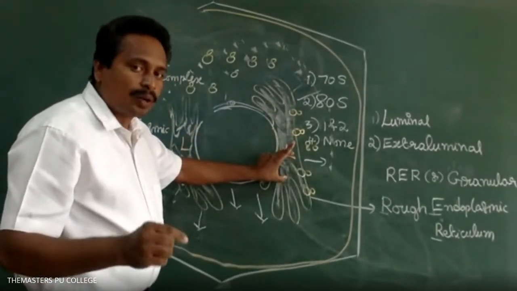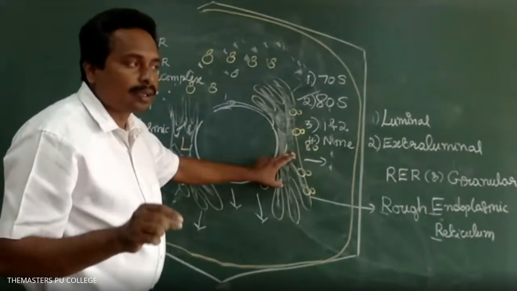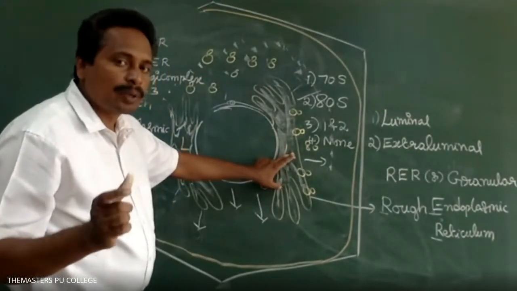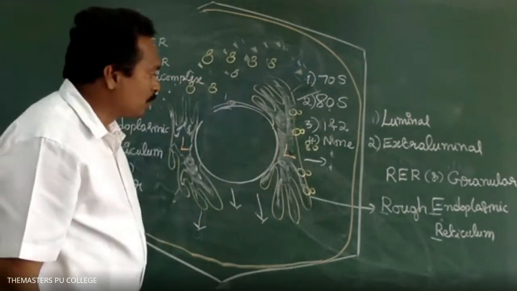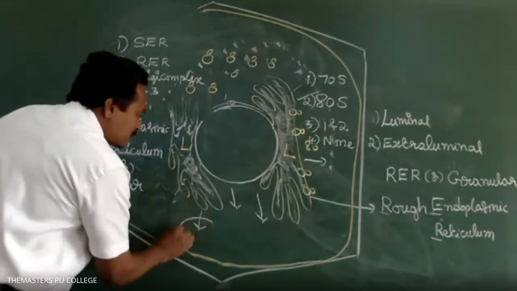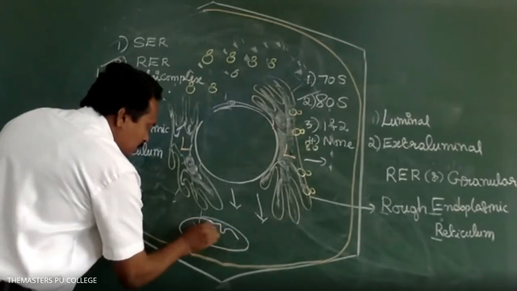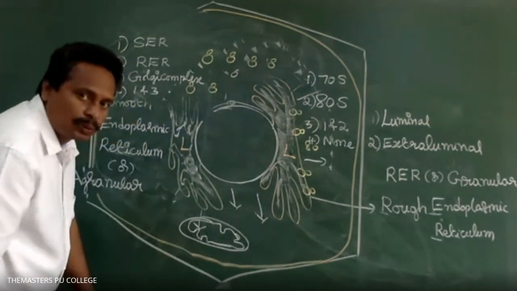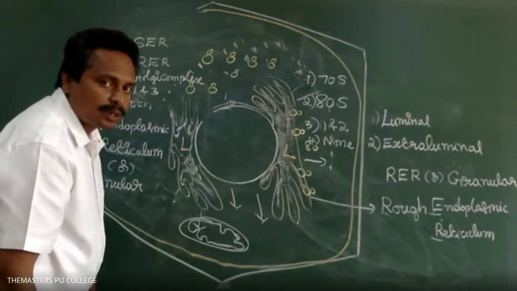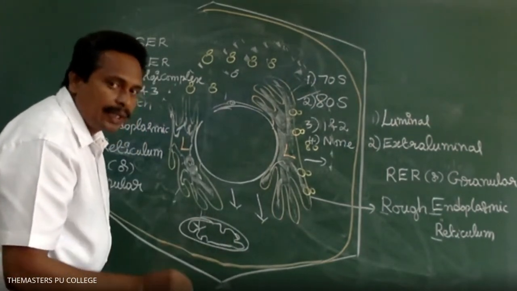And in mitochondria and chloroplast cell organelles, the 70S type of ribosomes are present. How many types of ribosomes are present in eukaryotic cells? Two types: the 70S and 80S.